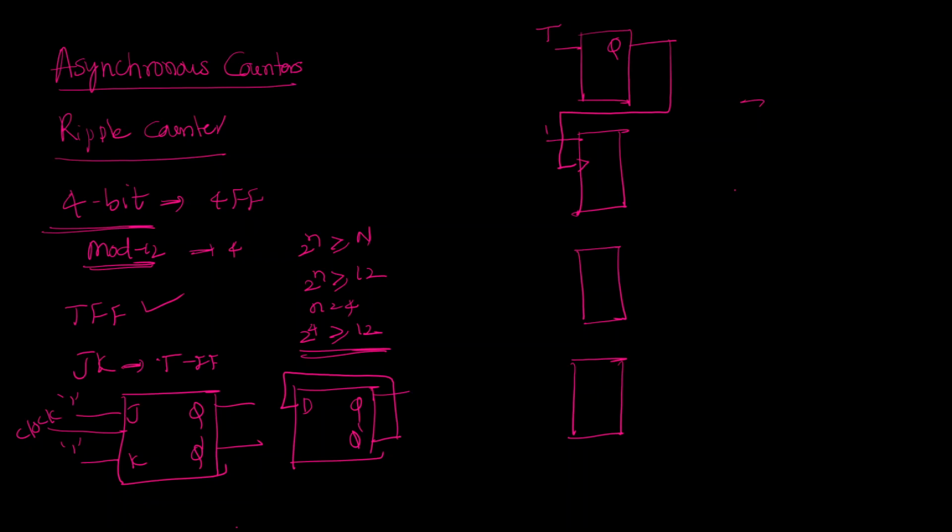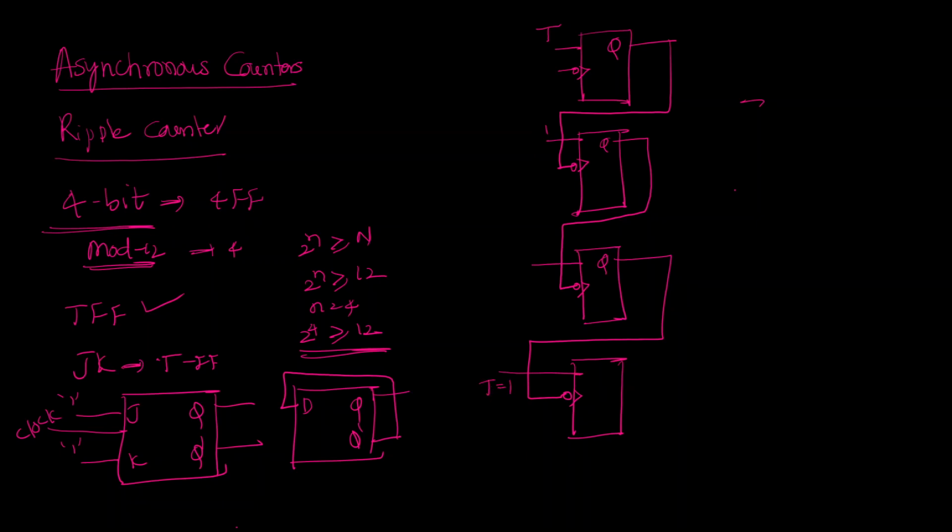Let us suppose that I am using an active low clock, so negative edge triggered. Now I am getting Q over here, that I am giving as input to the next flip-flop's clock. Now this input is T equal to 1.